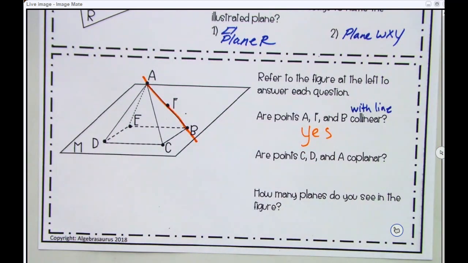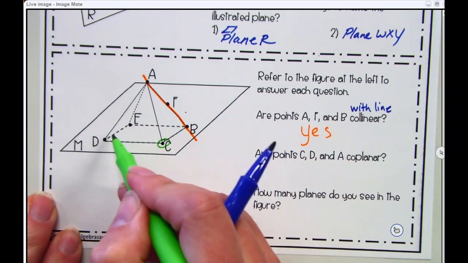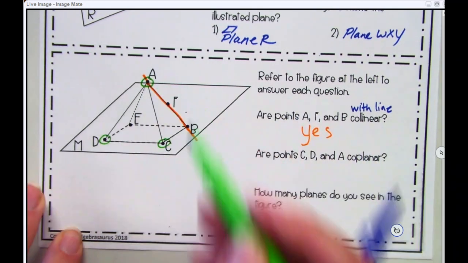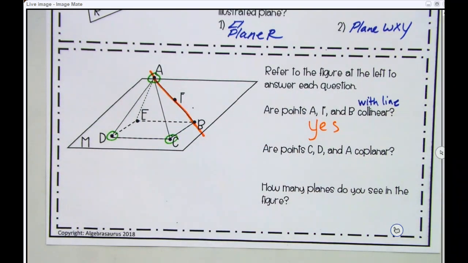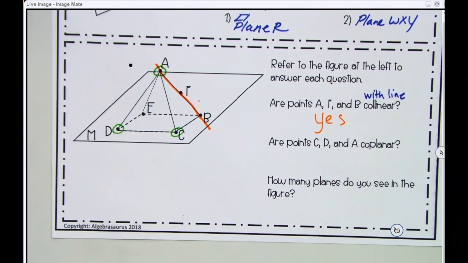All right. Are C, D, and A coplanar? There's C, D, and A. There was a question in your voice there. What is coplanar? So co means with, planar would be plane. Are they on the same plane? So you notice I've got this plane here, right?